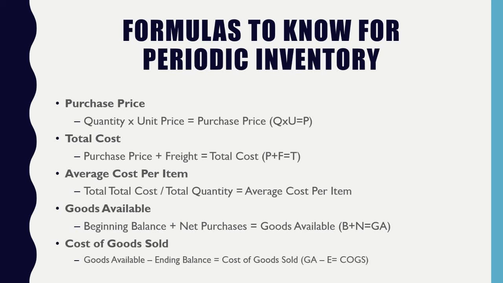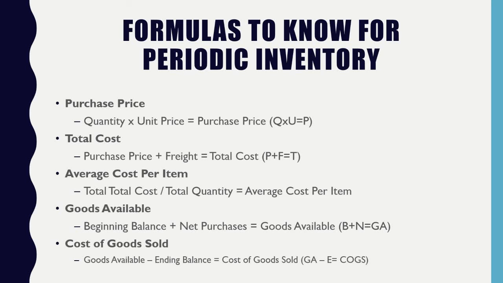That means no matter how many items you purchase, if you have a total of 1,000 items and it costs you a total of $10,000, then every item that you sell is going to cost the exact same price. So we call that average costing, and that's what this specific formula here is.